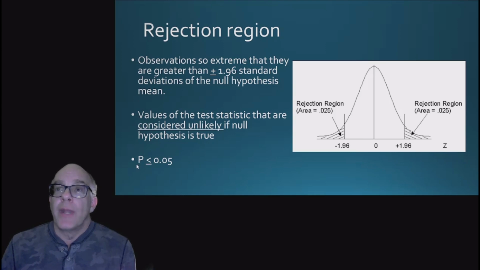And then in this case, we're going to have p less than or equal to 0.05, meaning that our results are so extreme or so unlikely to occur, they're going to occur less than 5% of the time, less than 1 time out of 20, if our null hypothesis is true.